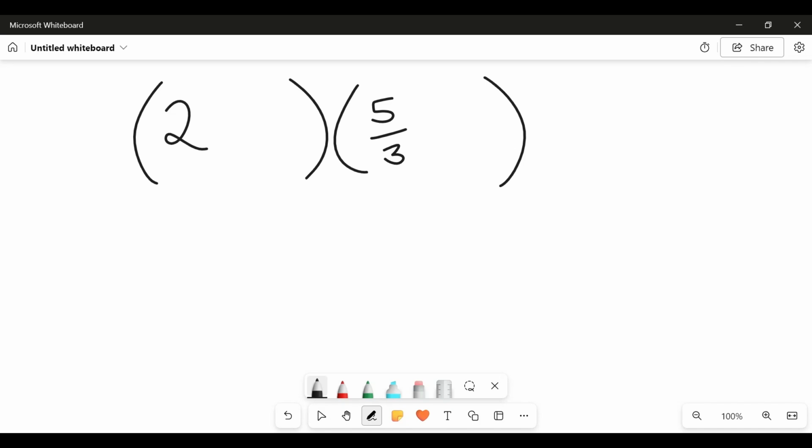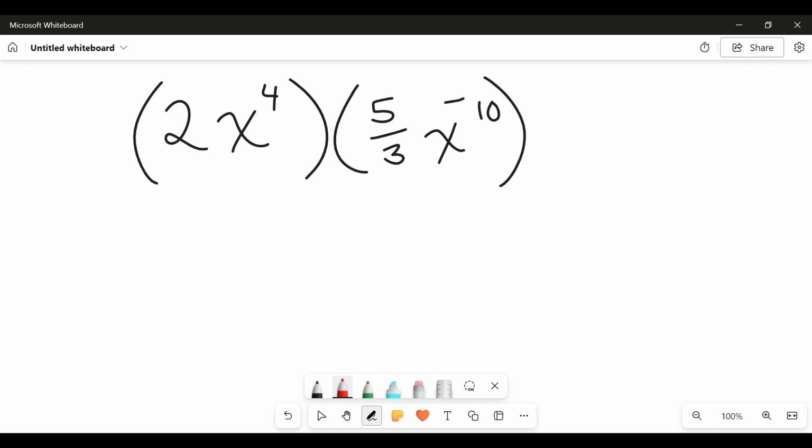And we'll have x to the 4th and x to the negative 10th.